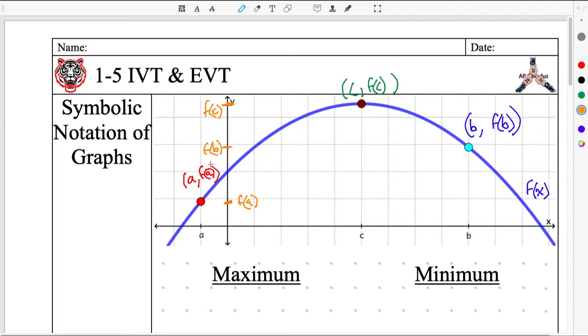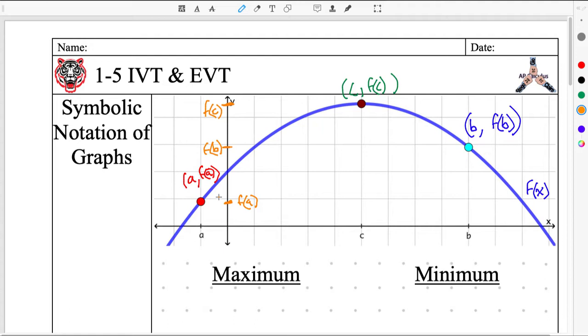All right, so generally speaking, whenever we're talking about these theorems, usually we have some interval that we're talking about. Because remember, if you have a continuous function, it should be going from -infinity all the way to positive infinity. It's really hard to talk about so many numbers.